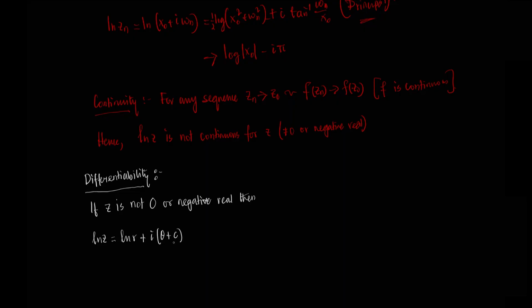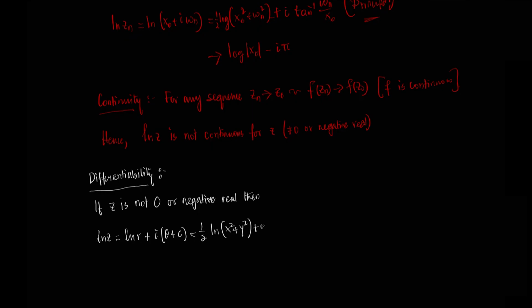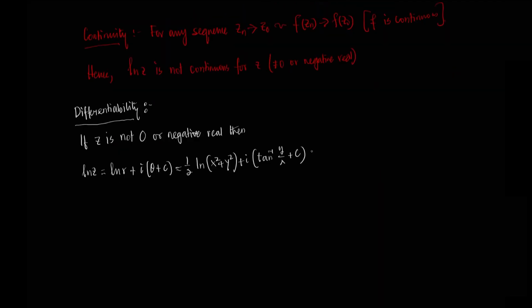What is C? C is the 2 pi multiple, which is nothing but half of log of x square plus y square plus I times tan inverse of y by x plus C. Yes, C is a 2 pi multiple.